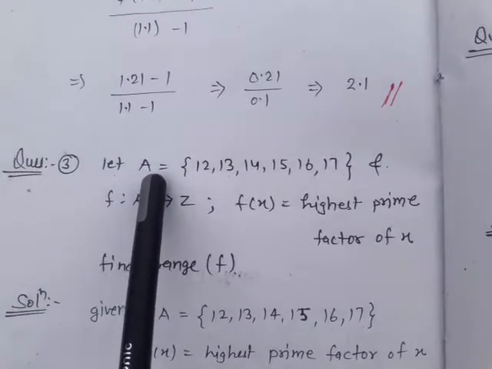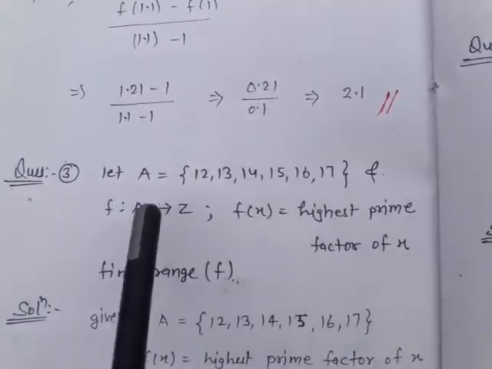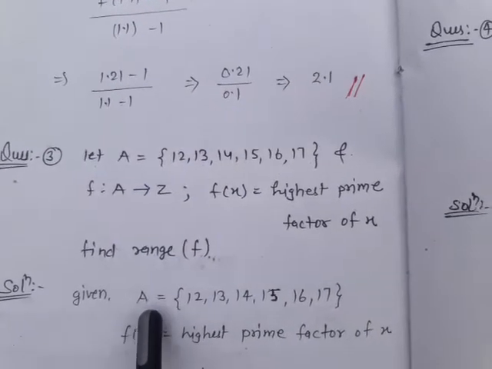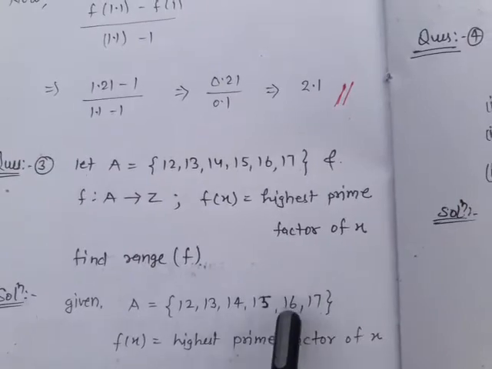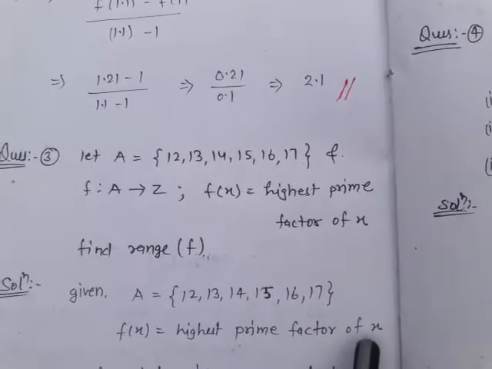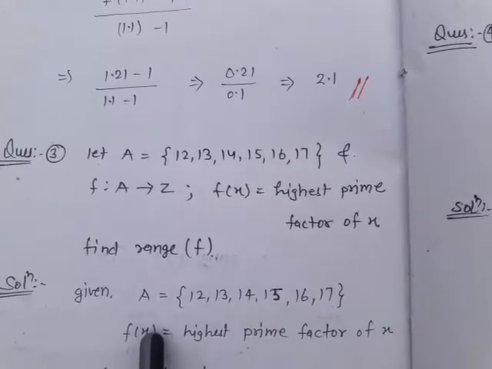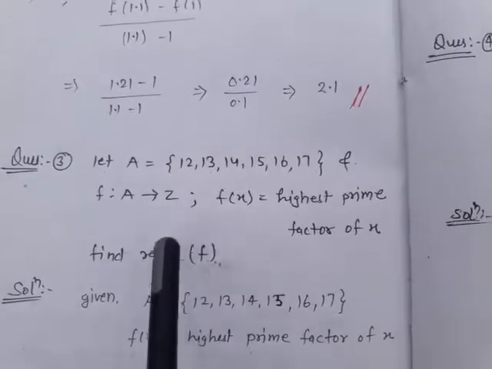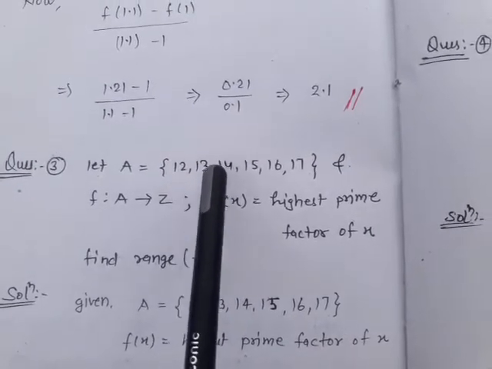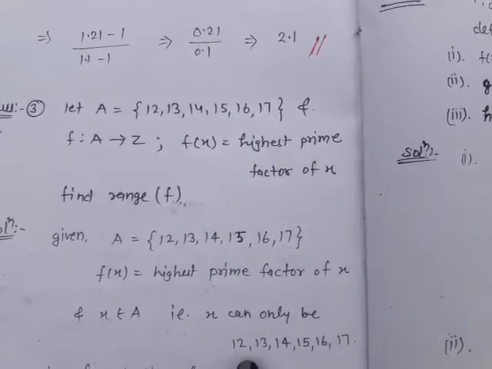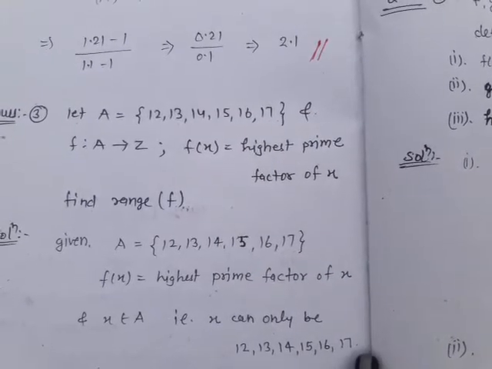Here set A is given and f maps from set A to Z. Now x belongs to set A, that is, x can only be 12, 13, 14, 15, 16, 17.